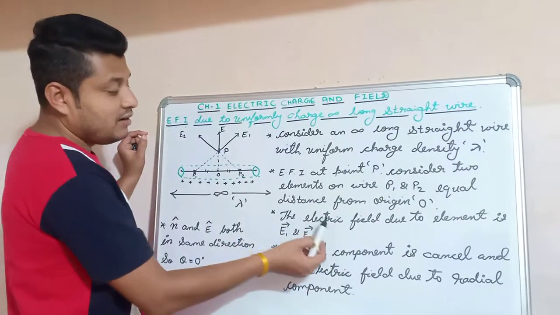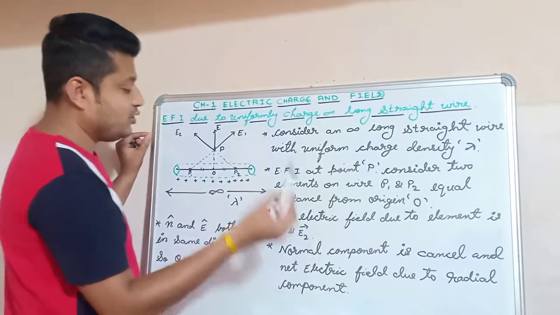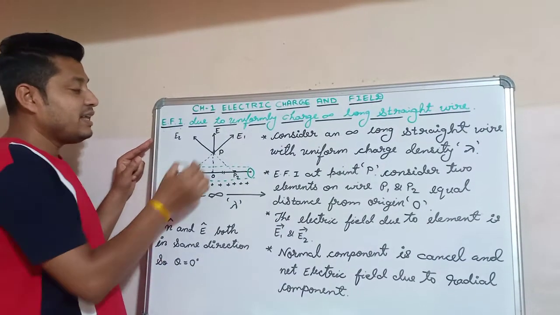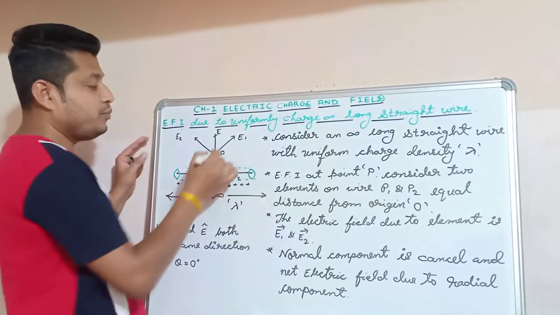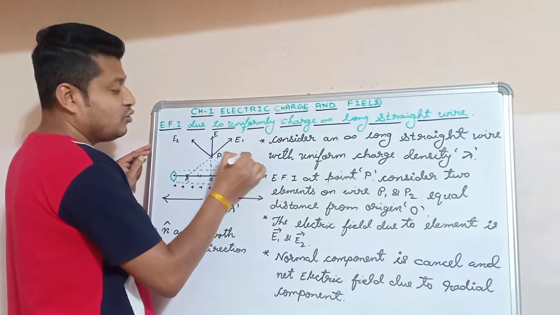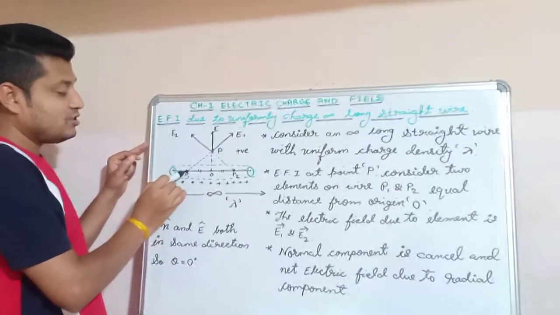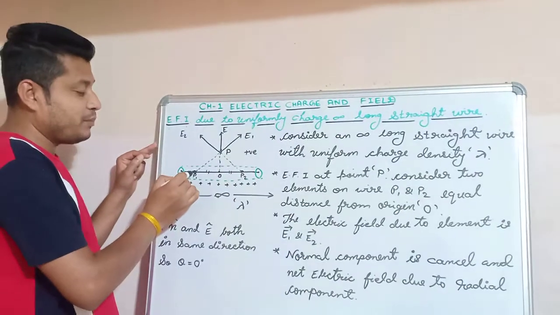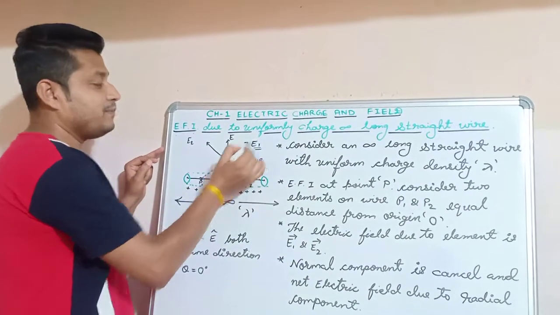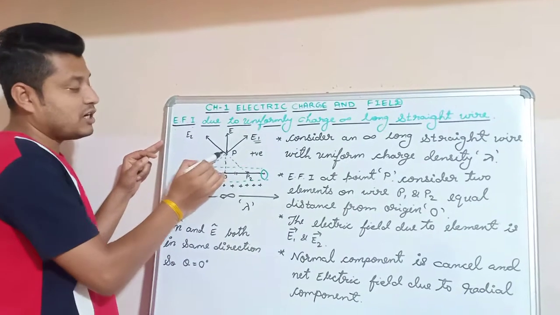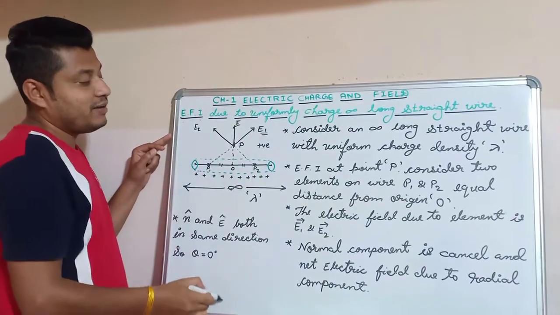The electric field due to these elements at point P is E1 and E2. As you all know, the test charge should be positive, so assume that a positive charge is placed at point P. Here the wire charge is also positive, so positive repels positive, and the direction of electric field will be outside, this one, E1.